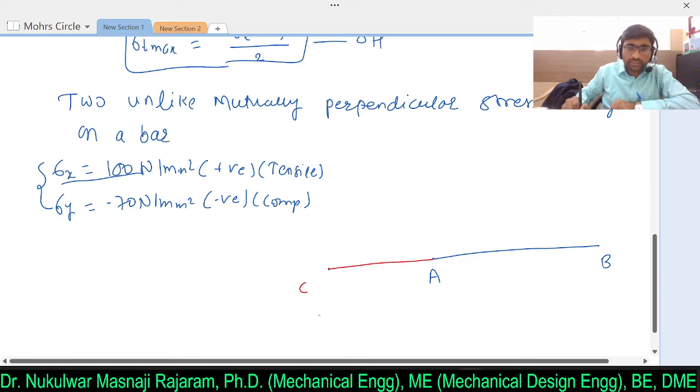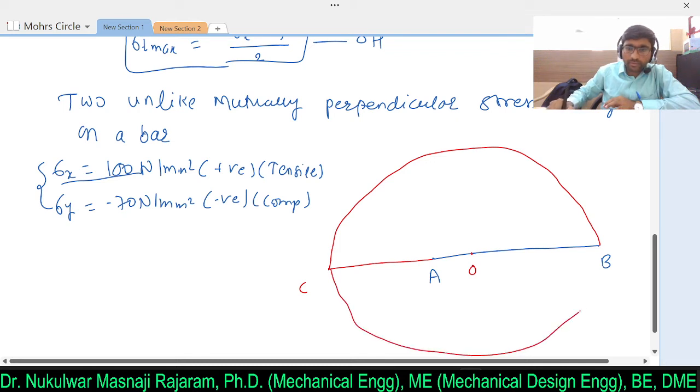So here I will consider C. Now we need to consider this CB as a diameter and O as the center point. We need to draw a circle. So let's draw a circle which is passing through the points B and C.